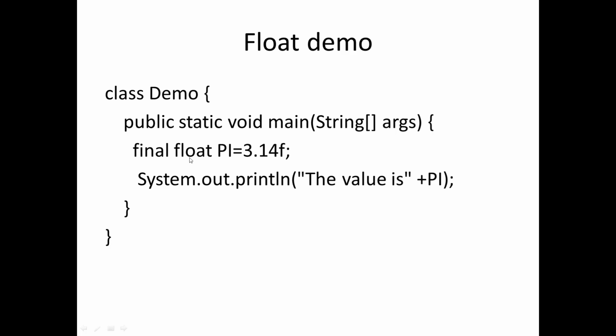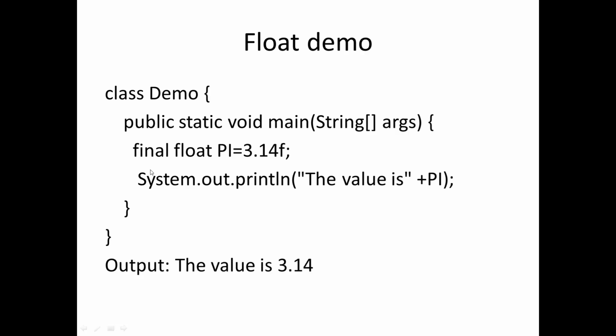If you declare those types of values in your programs, we can make them final, so that if another program or another module of the same program tries to change the pi value, it will give an error. In this type of situation we can use a final variable.